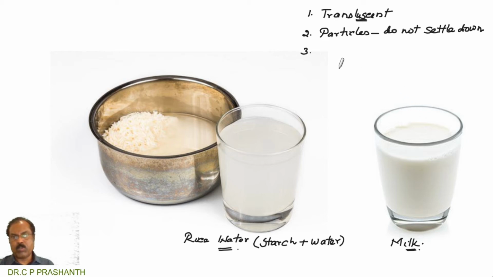But as you must have guessed, the size of these particles is a little bigger than the size of solution particles. That is why it is not looking transparent, that is why it is translucent. This is in the range of 1 to 100 nanometers. Even in the range of 1 to 100 nanometers, they would not settle down.